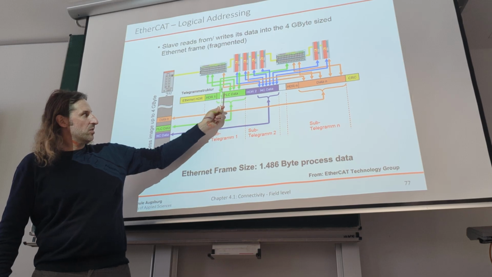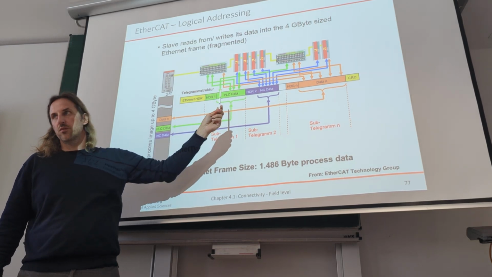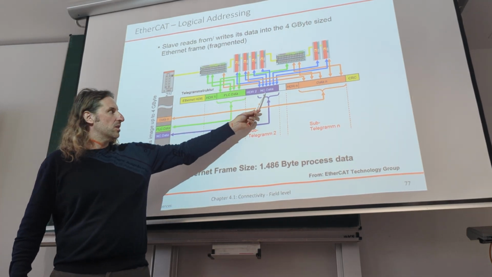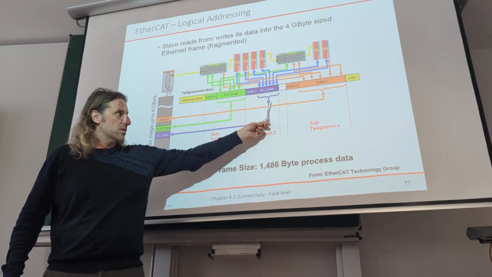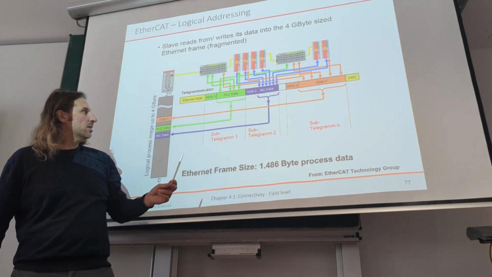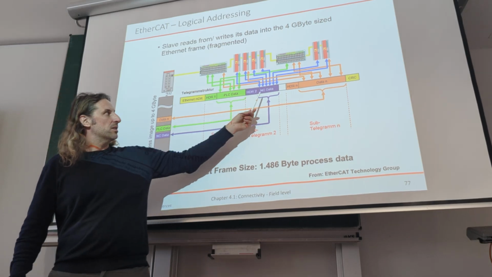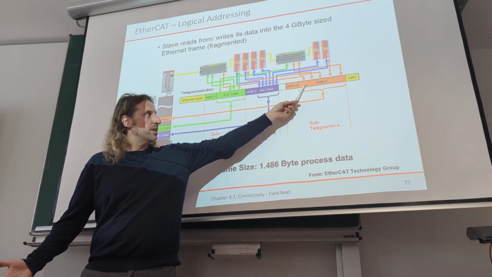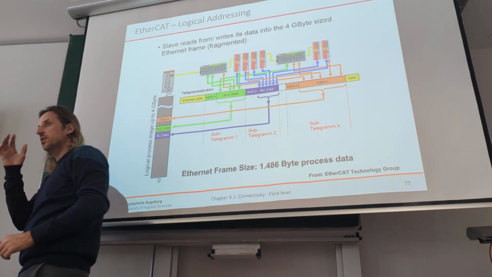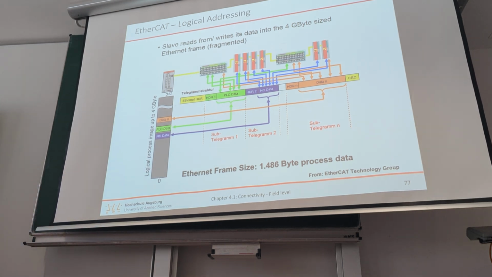Then you have some structure in there: PLC data, which is just the normal I/O data, or numeric control data, which is the data that you use for drives, and then you have normal data that is not real-time critical, like configuration data or whatever, that has a certain part in the telegram.